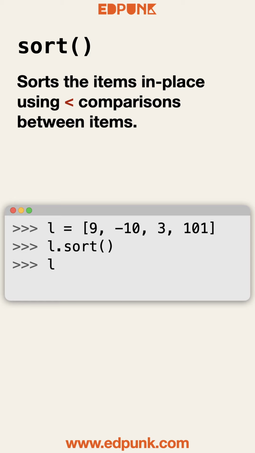Now display the value of L. A sorted list L containing items minus 10, 3, 9 and 101 is displayed, where an item is always lesser than all the item values on its right.